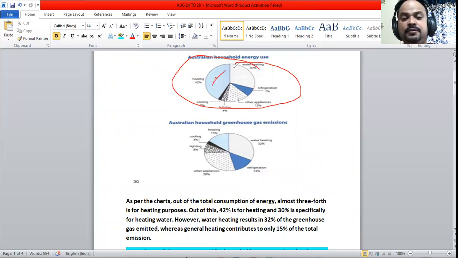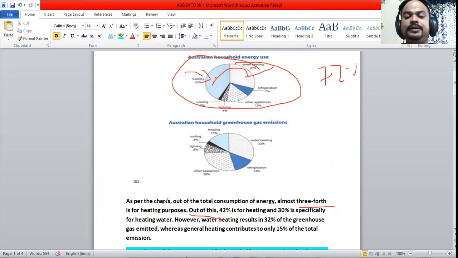It's 72%, almost 75%, 3/4. Out of this 3/4, 42 is for heating. 30 is specifically for heating water.